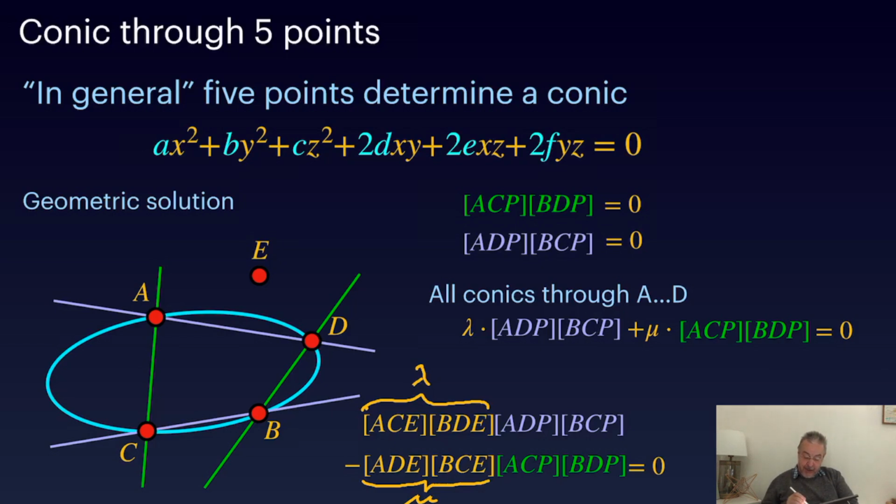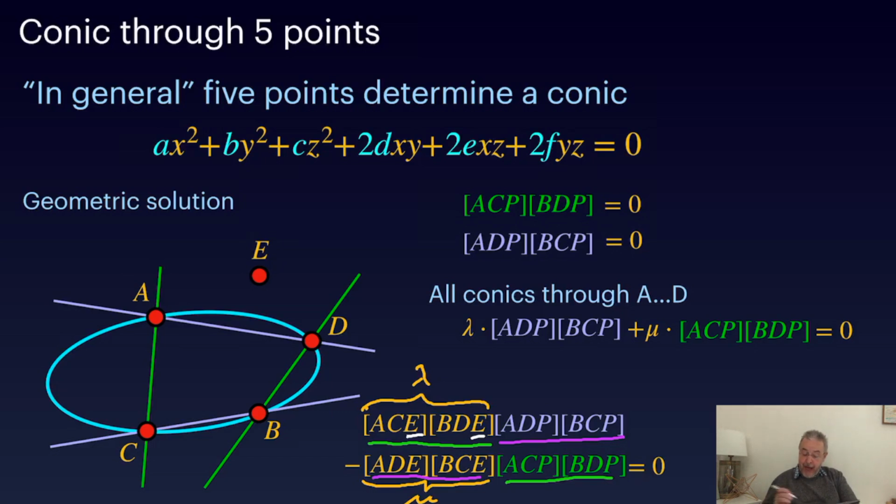The expression up here is essentially an expression that involves point E, and it is derived by taking the green expression here and replacing E for P. And similarly, this expression here is derived by this one over there and exchanging P for E with the effect, well, it's still a conic through A to D.